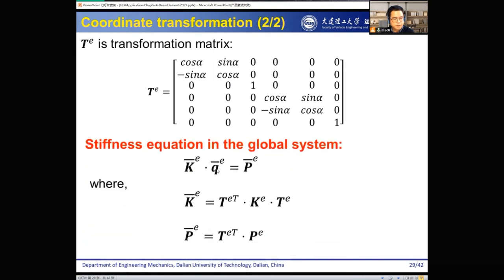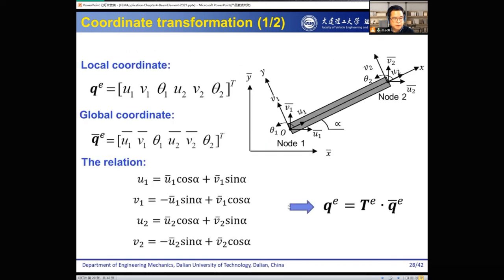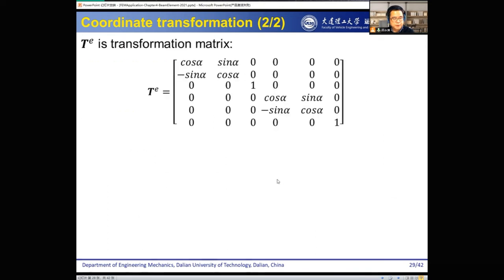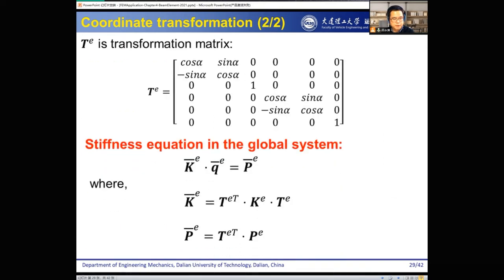And then we can rearrange our stiffness matrix. We can arrange it in a global system, in which we make use of the transformation matrix. Here, the bar on Q means the variable in the global system. So this is the stiffness matrix in the global system.